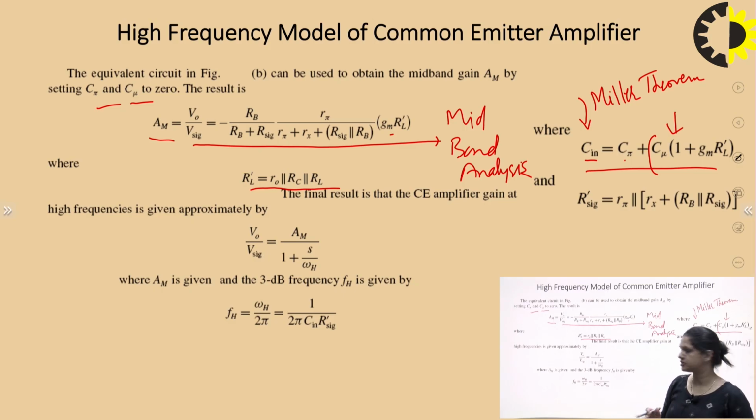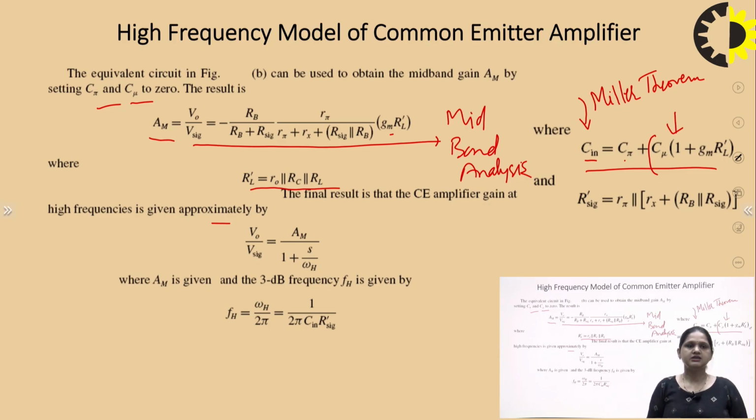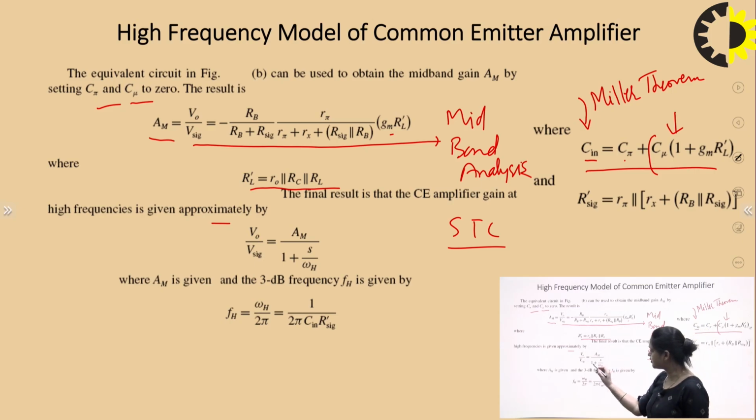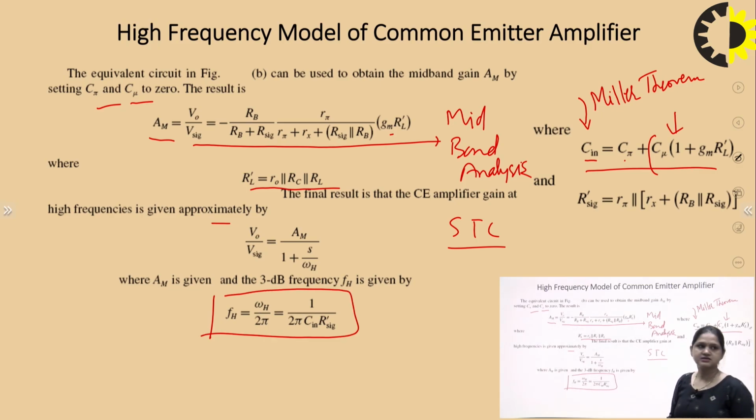So we can compare the expression with the single time constant circuit. If we derive the frequency response of STC circuits, where one capacitor and one resistor are connected, then the expression is AM upon 1 plus s upon omega H. If we compare this with this formula, then your fH will come out as 1 upon 2 pi C in R signal dash, because this is the mid-band gain without C pi and C mu.